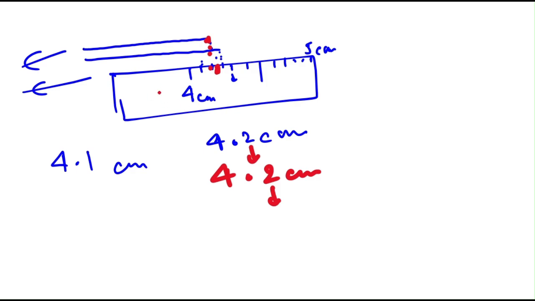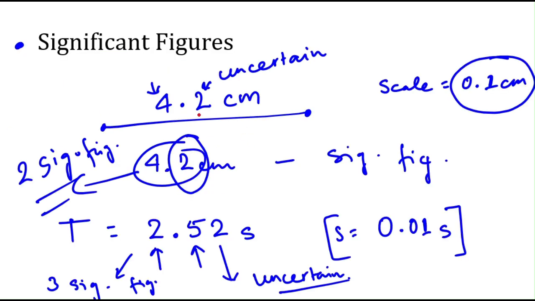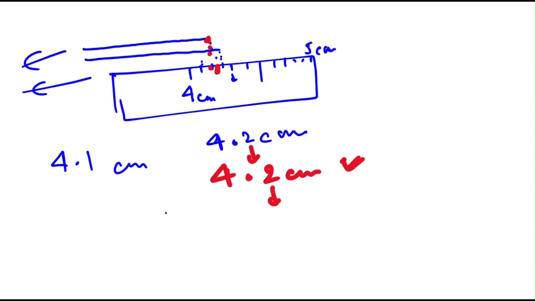If it is exactly falling on 4.2 centimeter, then good. But if it is somewhere near it, not very close to the other marks but close to this 4.2 mark, again we are going to report it as 4.2 centimeter, although it is not exactly coinciding with that mark. That's why we say this last digit is uncertain. I hope you got a clear picture of why it is an uncertain digit. So, if we report reliable digits along with one uncertain digit, this reported figure is called a significant figure.